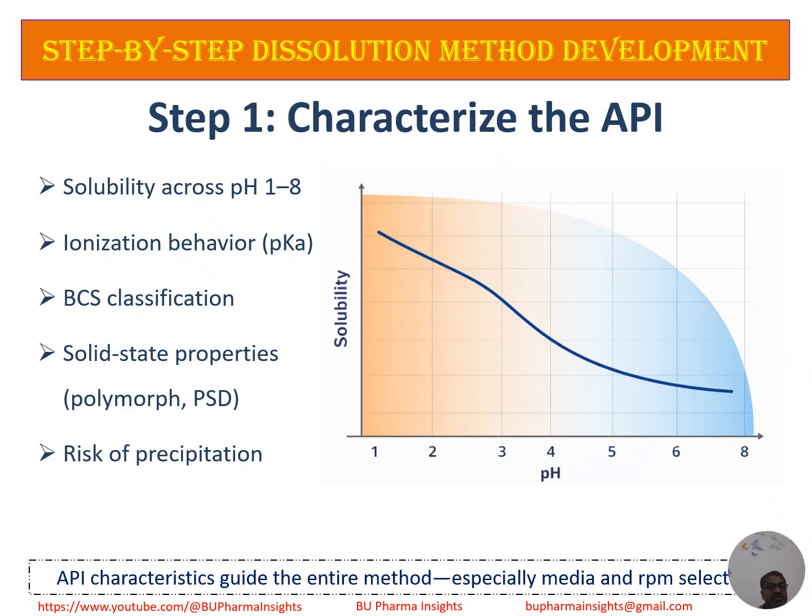And for BCS class 2 and class 4 drugs, stronger media or optimized hydrodynamics are often required to achieve meaningful dissolution. Solid-state properties such as polymorph and particle size directly affect reproducibility. That's why API characteristics guide the entire method, especially medium selection and rotation speed.